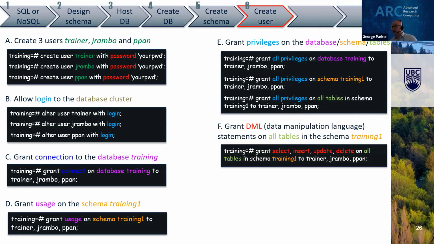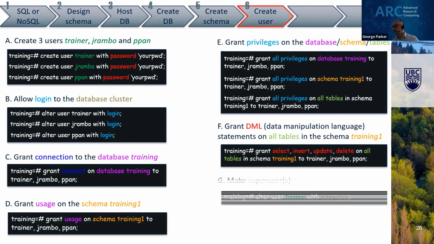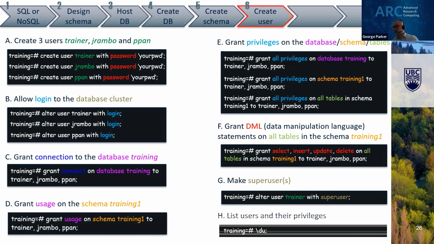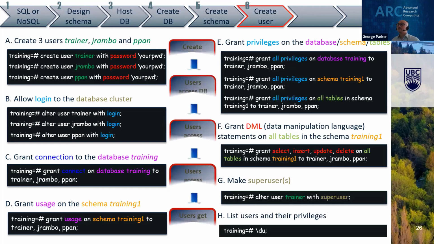And then I give them select, insert, update, and delete privileges to all tables in this schema so that they can interact with the tables. Trainer asks for the superuser role, and this person knows what he's doing. So I made him a superuser. Finally, I can use the \du command to list all of my users with their privileges.